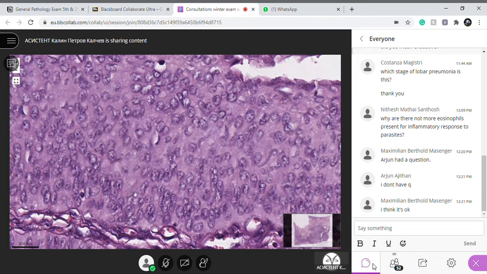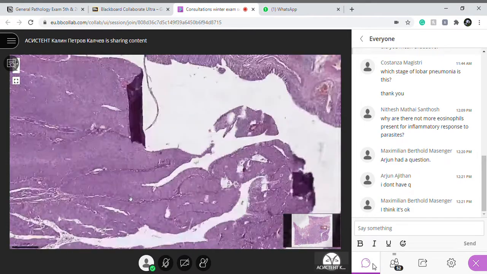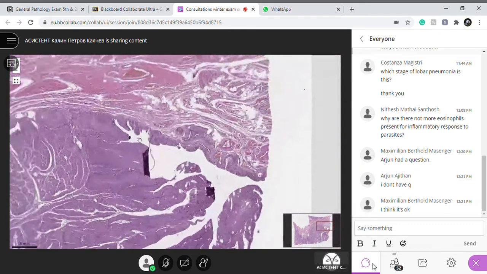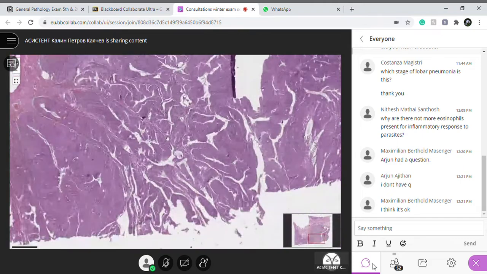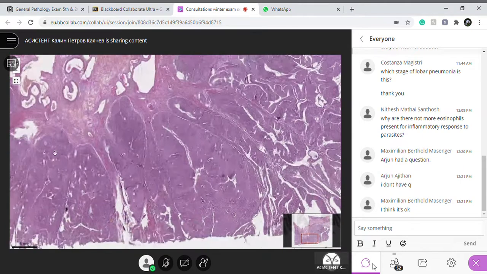And here we see, well, there is some mild atypia actually, but in some of the cells we see these prominent nucleoli which lack in other cells. So there is some atypia in that tumor. And so this is such malignancy of the bladder.